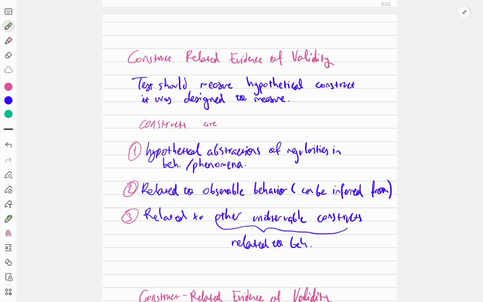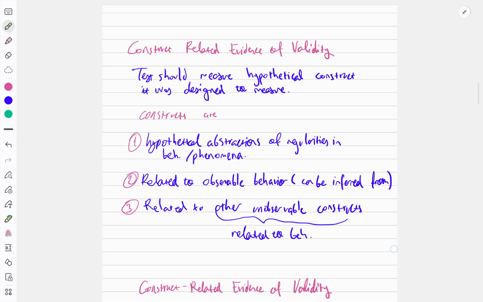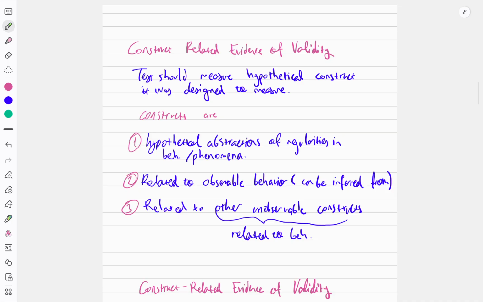Constructs are hypothetical abstractions of regularities in behavior or phenomena. They are related to observable behavior and can be inferred from observable behavior. They can be related to unobservable constructs as well, which is also related to behavior.